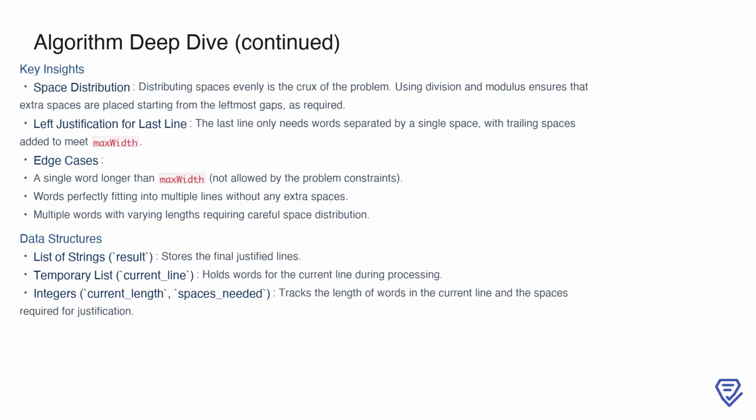To implement this algorithm, we rely on a few key data structures. The result list stores the final justified lines, while the current_line list temporarily holds words for the line being processed. Additionally, integer variables like current_length and spaces_needed help track the word lengths and spaces required for justification, enabling efficient calculations.